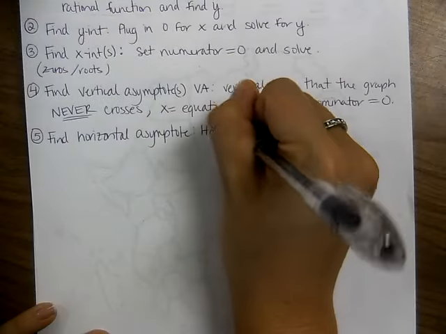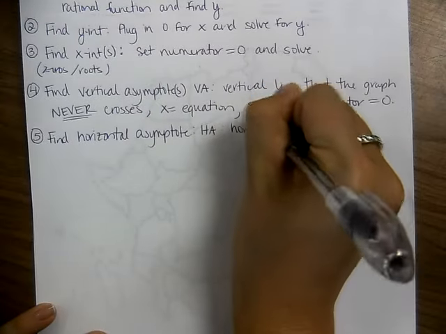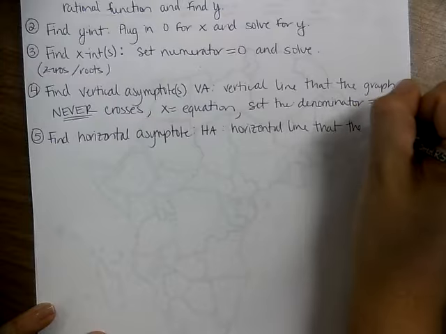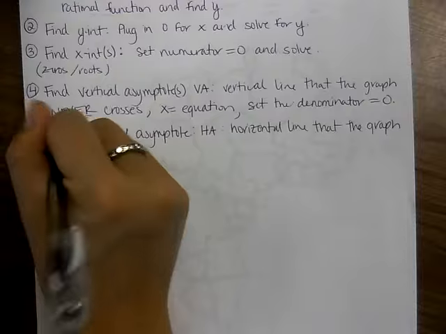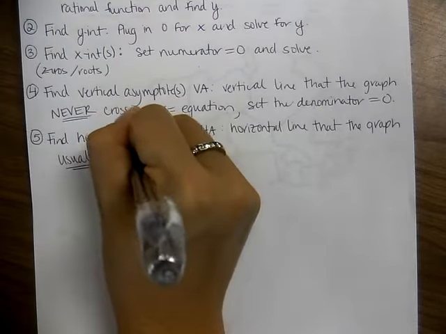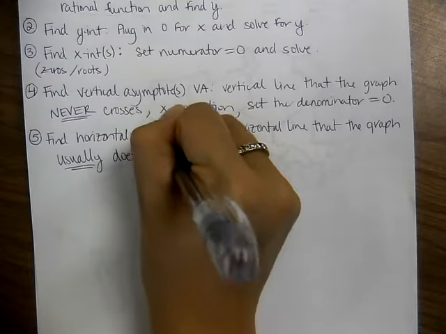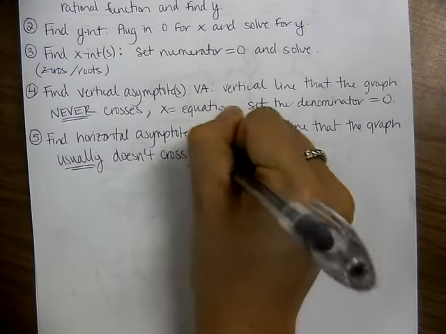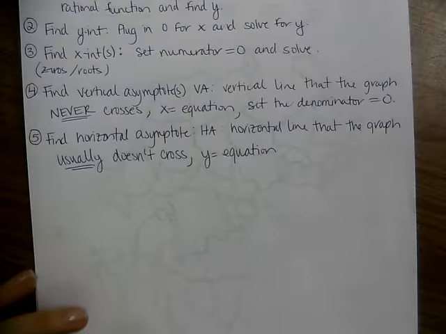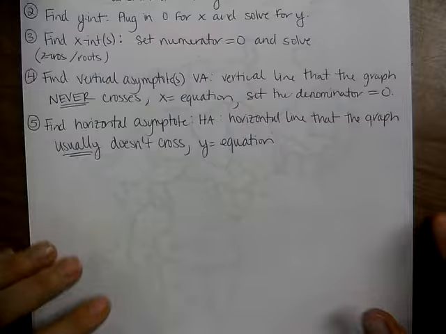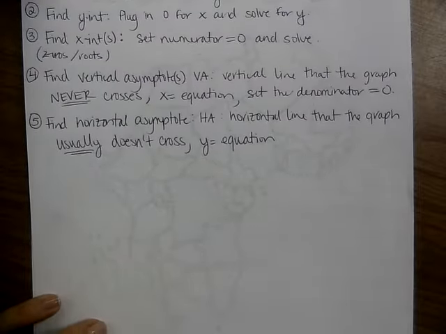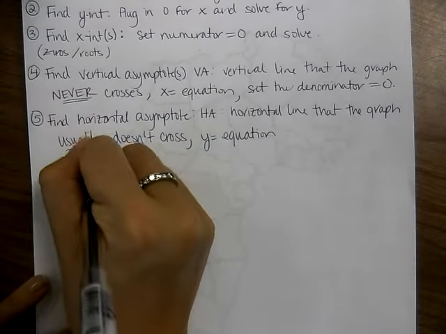The horizontal asymptote is a horizontal line that the graph usually doesn't cross. It's a y equals equation. To find it, you have to follow some rules. Okay, so these rules you're going to have to memorize. So here they are.